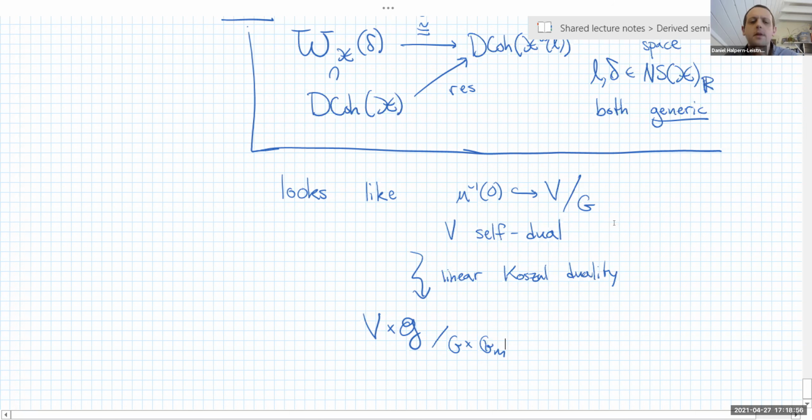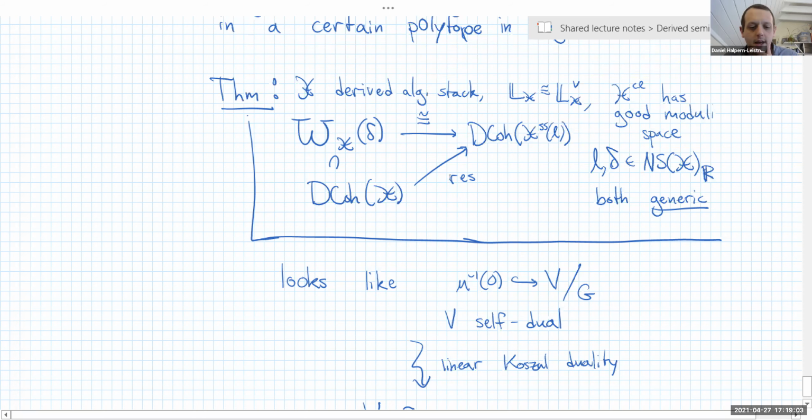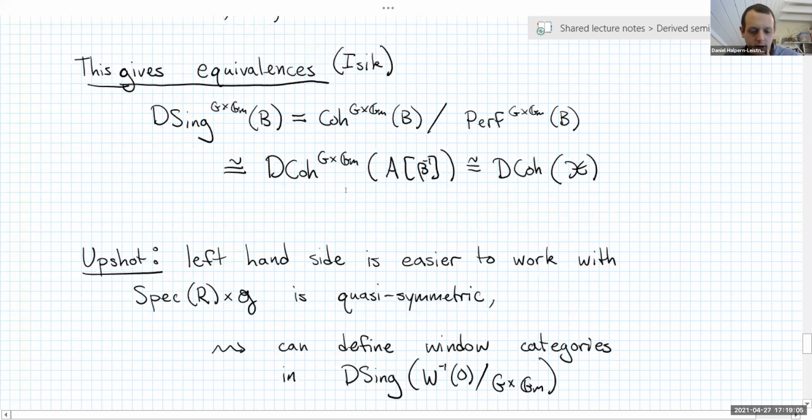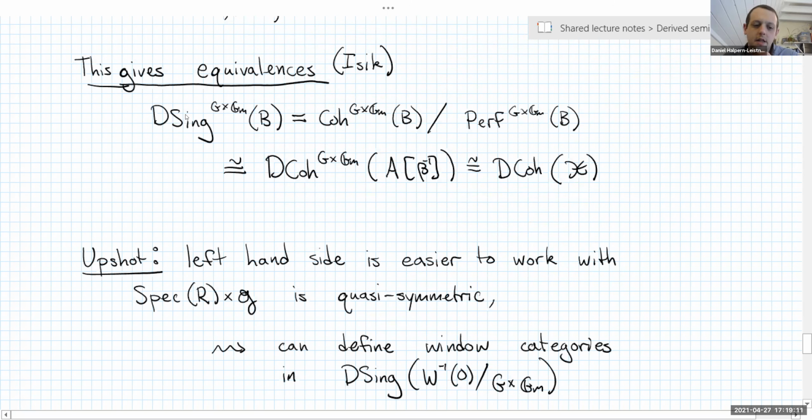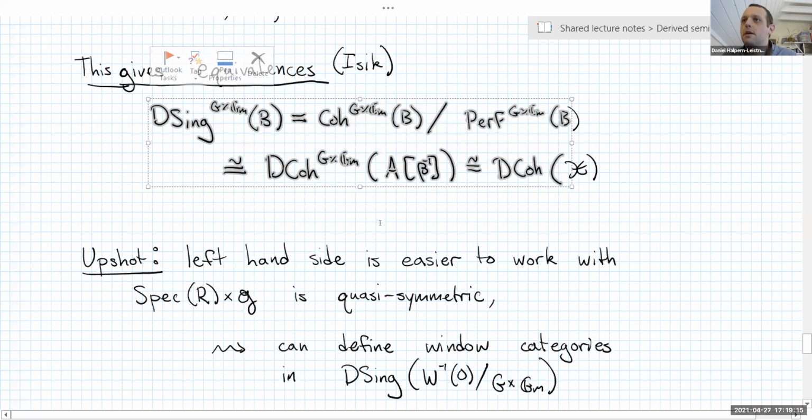Oh, I remember. There's a step in the linear Koszul duality, in this equivalence here, that uses the fact that it's a weak moment map.